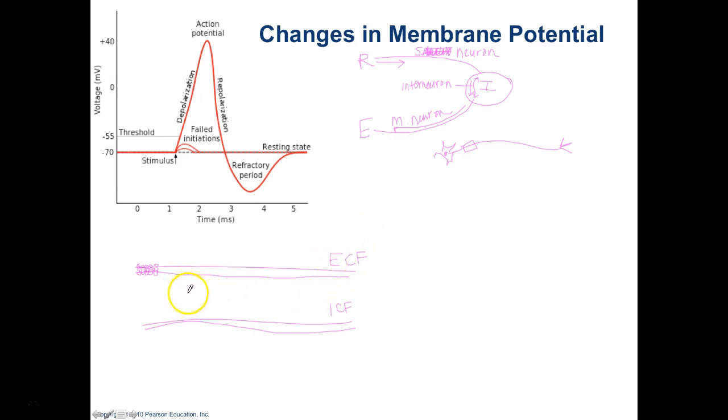So what I want you to know is every single cell is going to have a resting membrane potential, and the resting membrane potential of our nerve cell is going to be negative 70 millivolts. Now, what does a volt mean?